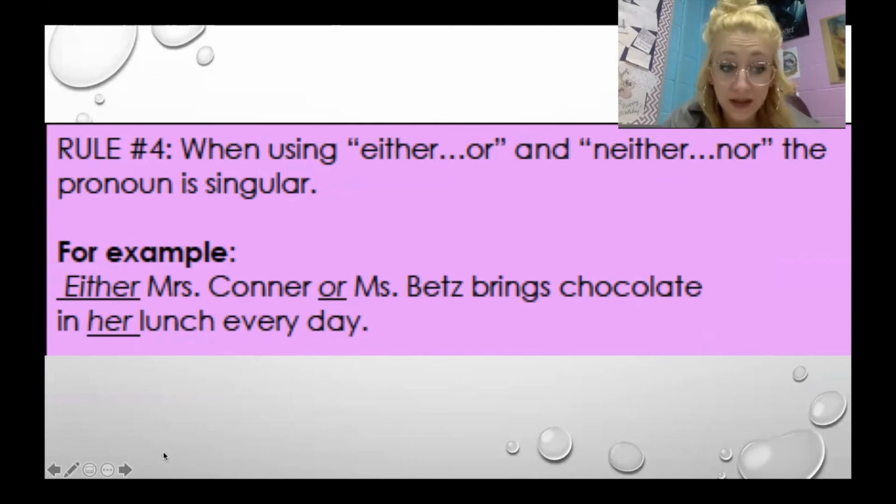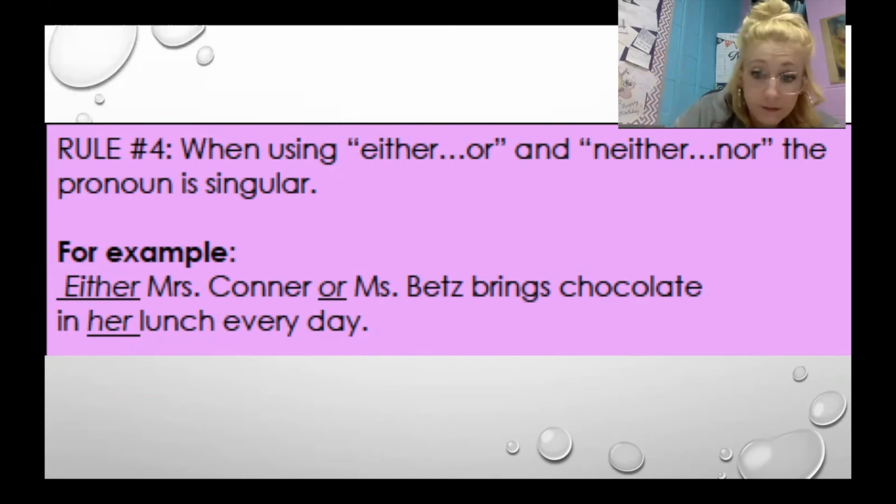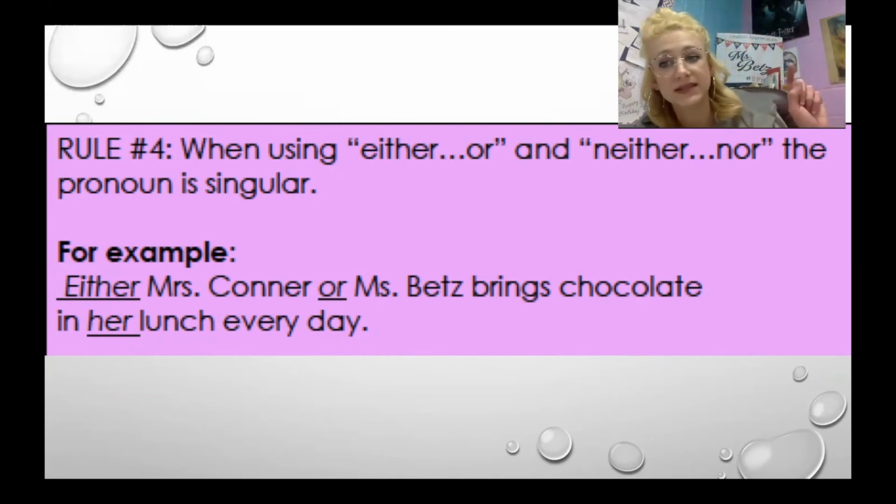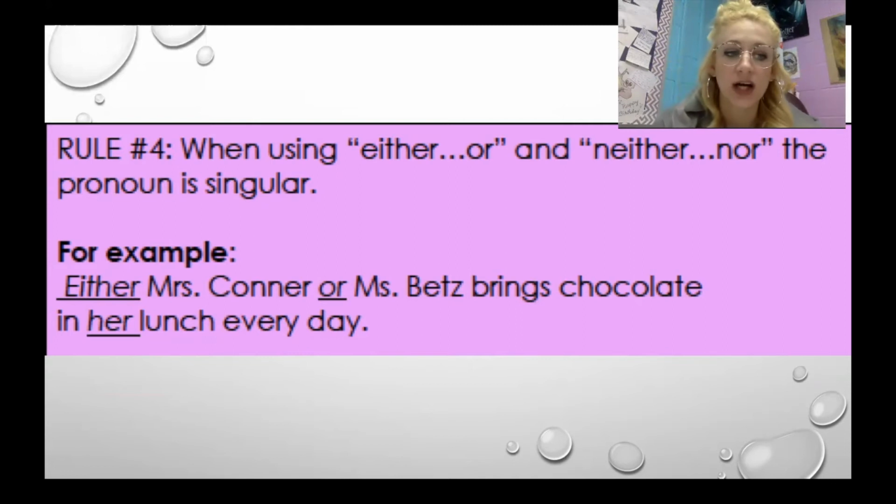For example, either Mrs. Connor by herself or Miss Betts brings chocolate in. Now I'm choosing a pronoun, her. Since Mrs. Connor and Miss Betts are both feminine, I can commit to her. If it was either Mrs. Connor or Mr. Searles, then it would be his or her.